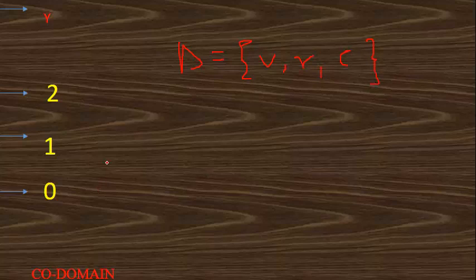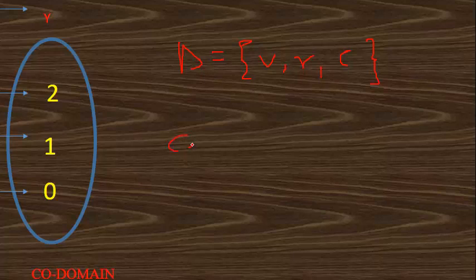Now our codomain, so our codomain is 2, 1, then 0. Very simple. Now let's proceed.